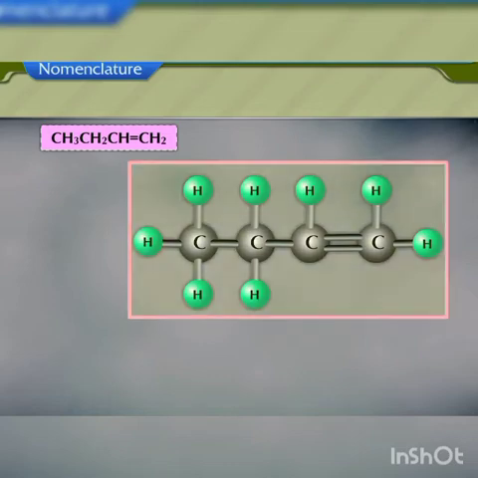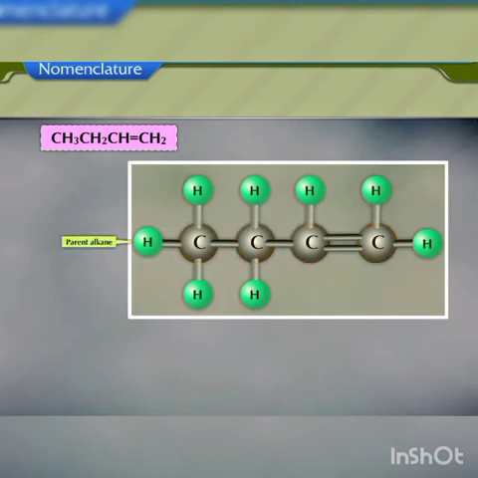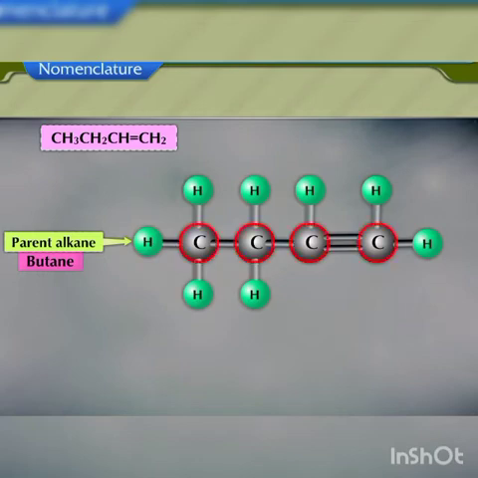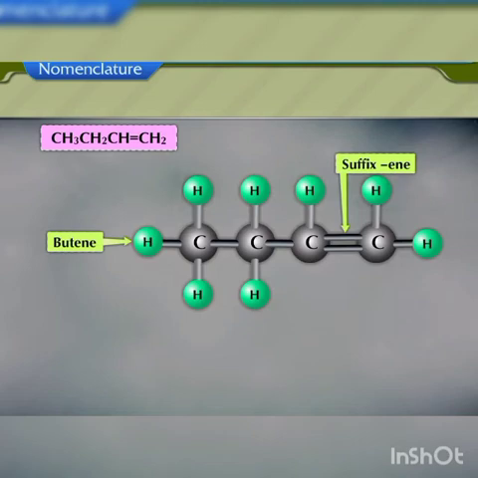Consider the given compound. In this compound, the longest chain is of 4 carbon atoms and it is a straight chain. Therefore, the parent alkane is butane, but for unsaturated hydrocarbons, the suffix ene is added. So this chain is named as butene. Since the numbering of carbon atoms starts from the carbon atom nearest to the double bond, the carbon atom on the extreme right is numbered 1.